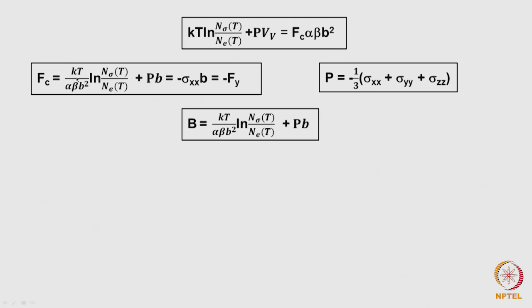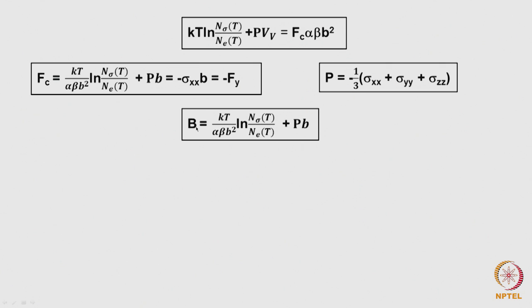Then we will get an expression like this, and this is equal to nothing but the applied force, okay. This is how we can write it, and P, as I mentioned, equals minus 1 by 3 sigma xx. So essentially in the present case the stress is sigma xx, the pressure P will be minus 1 by 3 sigma xx, okay, hydrostatic pressure.